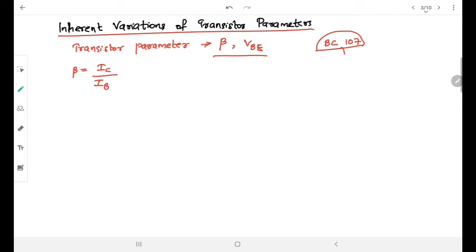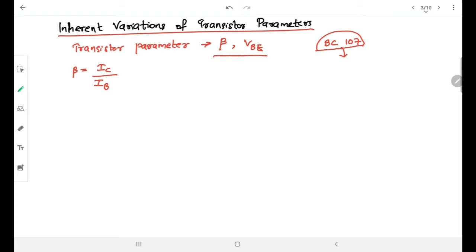This is a transistor type, and it has some significance which we will discuss in the lab session. If we take two transistors of the same type, BC107, they will show variation in beta and VBE values. That means even if the transistors are of the same type, these two parameters will change.